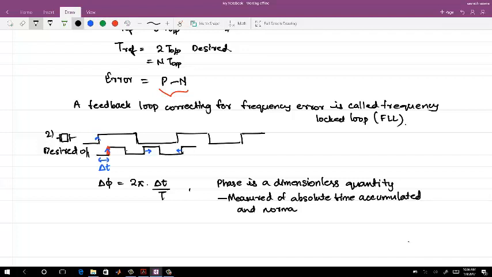Normalized to a reference. This is very important.